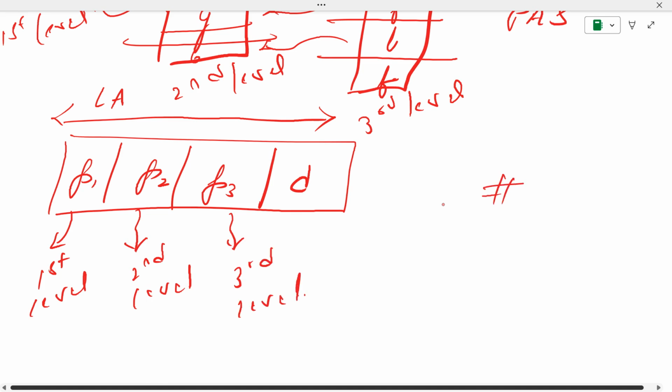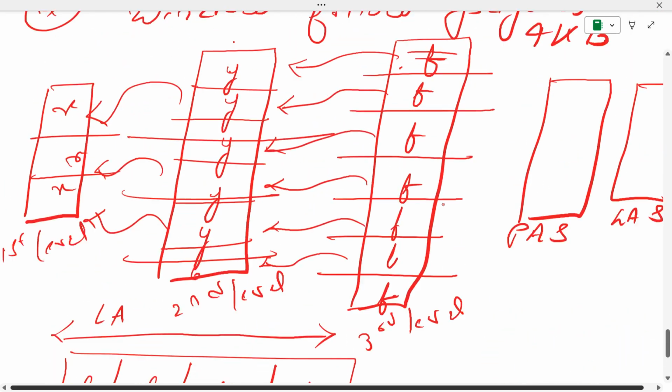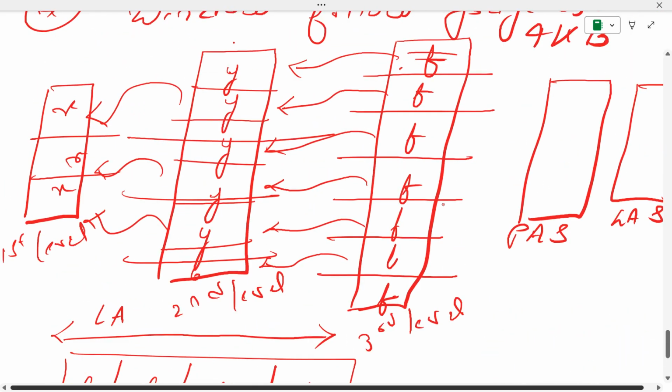And the number of bits in X equals the number of bits in Y equals the number of bits in F. Okay, so these are equal. So this is all about paging. There are certain questions related to that. We can see them more.